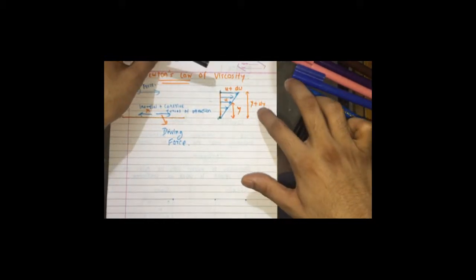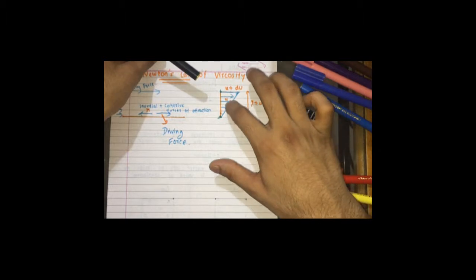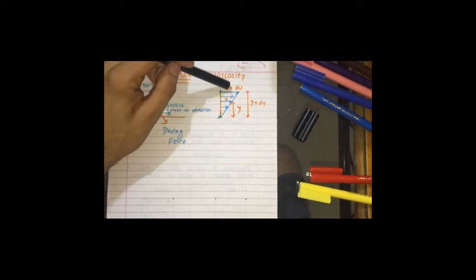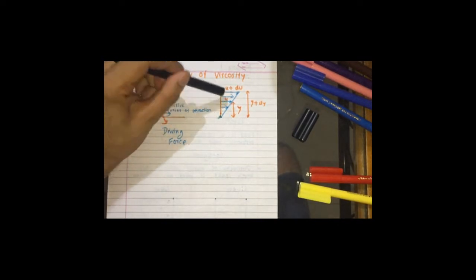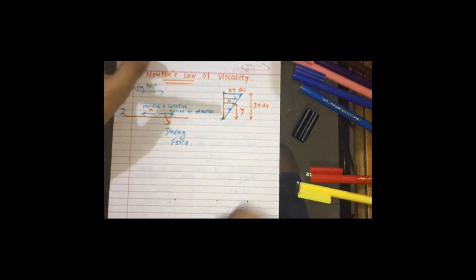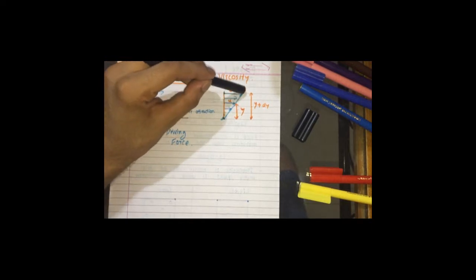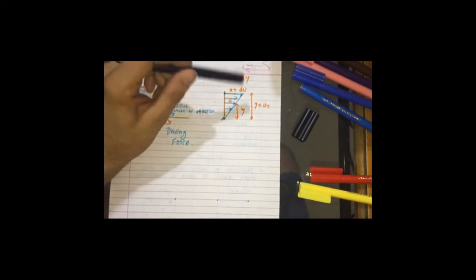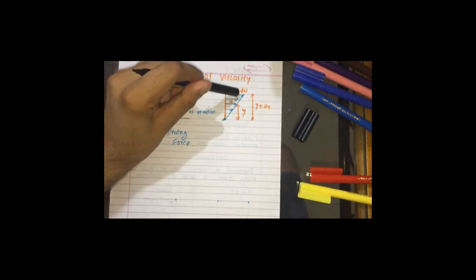The distance of this layer from the datum be y plus dy, and the distance of this layer from the datum be y. Now don't you think this layer will force this layer to come up to its speed? It will tell it, bro, why don't you come to my speed? Now in turn this layer would say, friend, why don't you instead move at my speed?